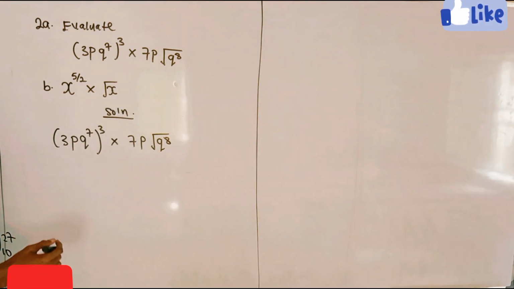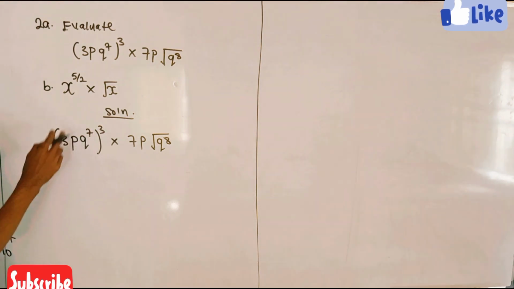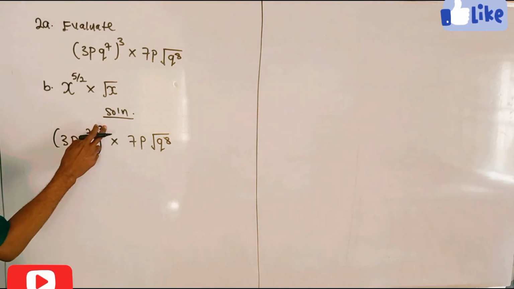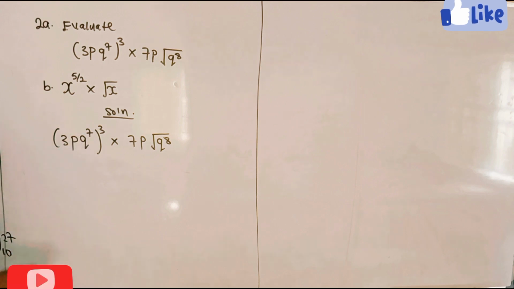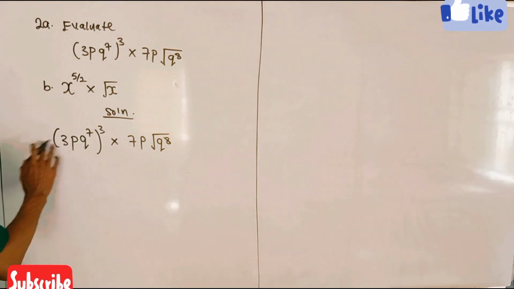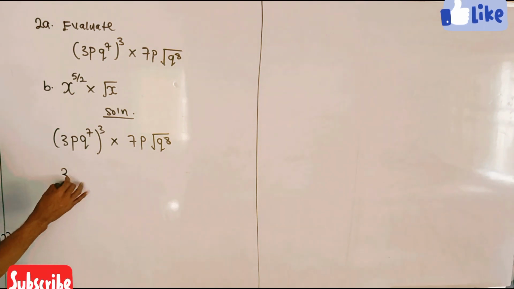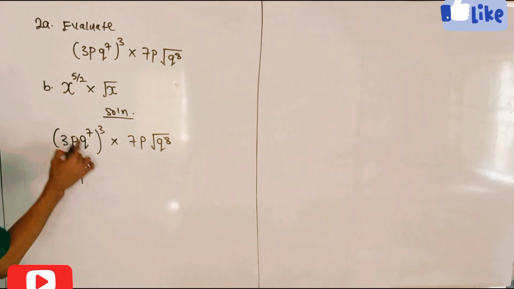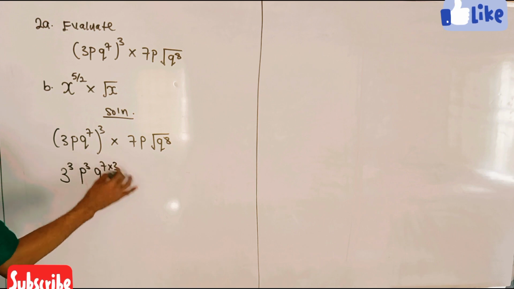According to the law of indices, the power outside affects all the terms within the bracket. So the power of 3 is going to affect 3, affect p, and then affect q raised to the power 7. So when we apply this power to all the terms within the brackets, we have 3 raised to the power 3 multiplied by p raised to the power 3 and q raised to the power 7 times 3.